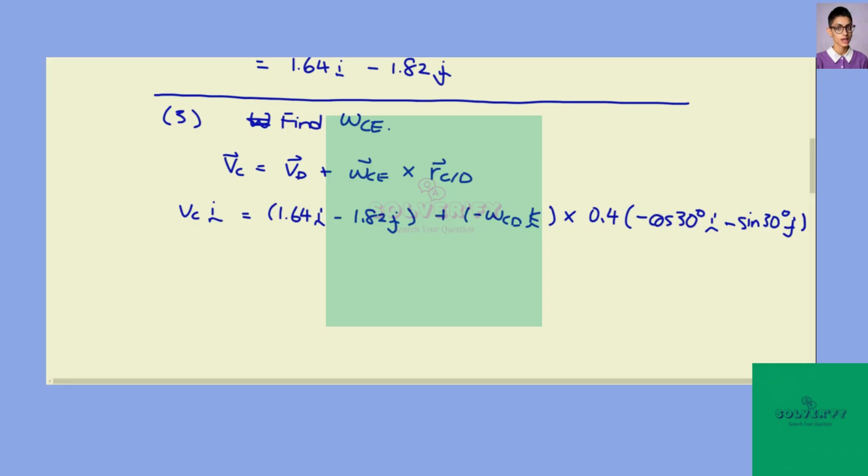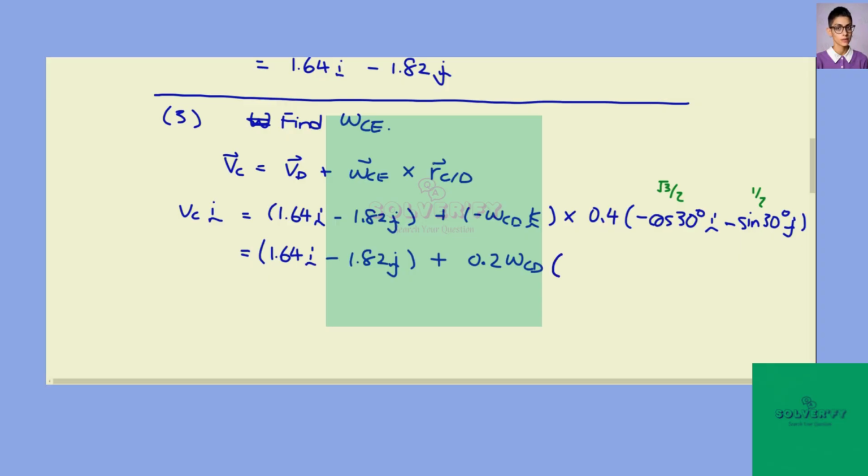Then continue to work on the numbers. Plus 0.2 omega CD. Cosine 30 is square root 3 over 2, and sine 30 is half. The half is factored out, multiplied by 0.4 gives 0.2.